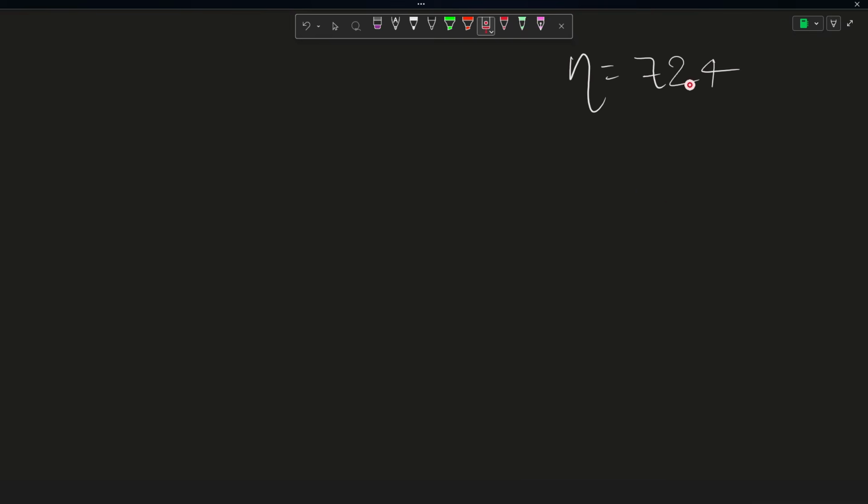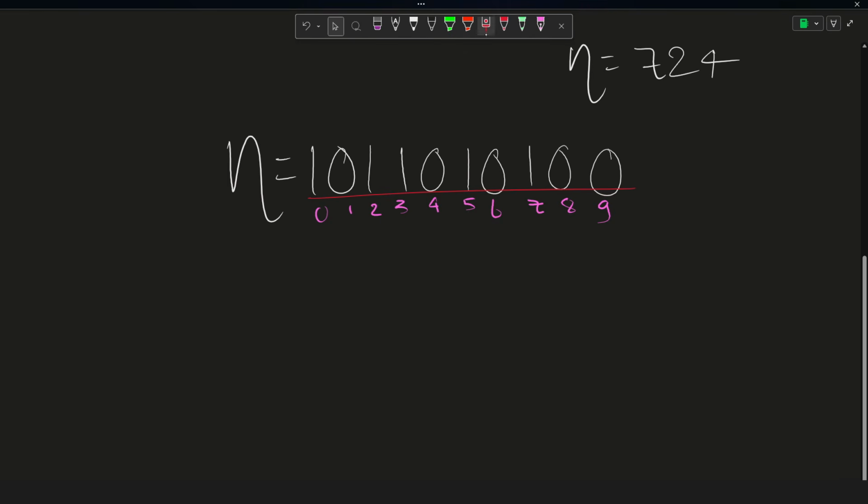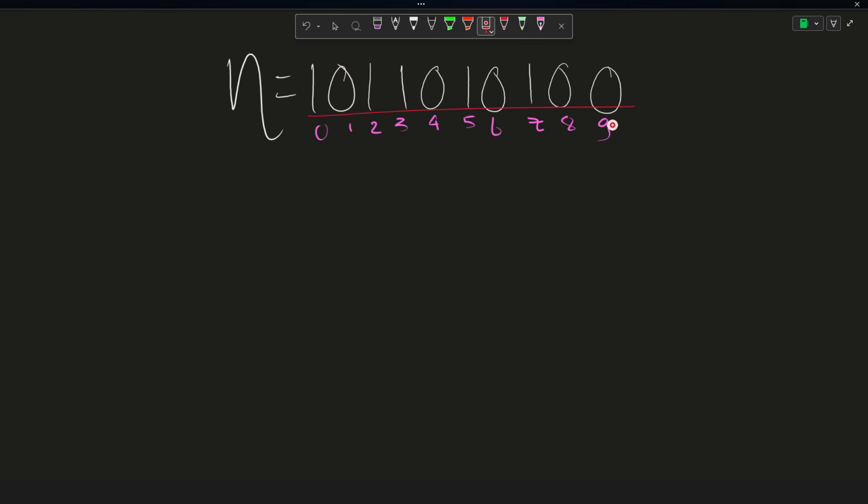So what is the binary representation of this n? If I write it here, the binary representation of 724 is something like this. This is nothing but 724 only, so keep this in mind. Now we know that this is nothing but the binary representation of 724.